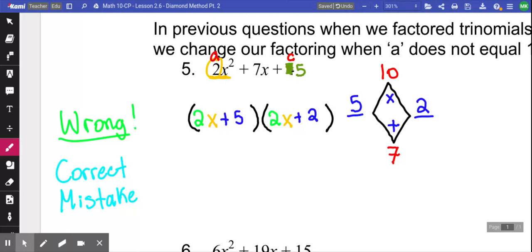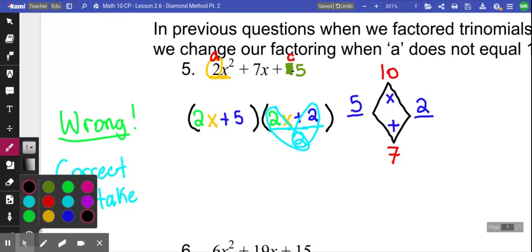If I tried to divide this one by 2, 5 doesn't divide by 2, so that does not work. If I tried to divide the second one by 2, it does work. 2 can divide by 2, and 2 can divide by 2.